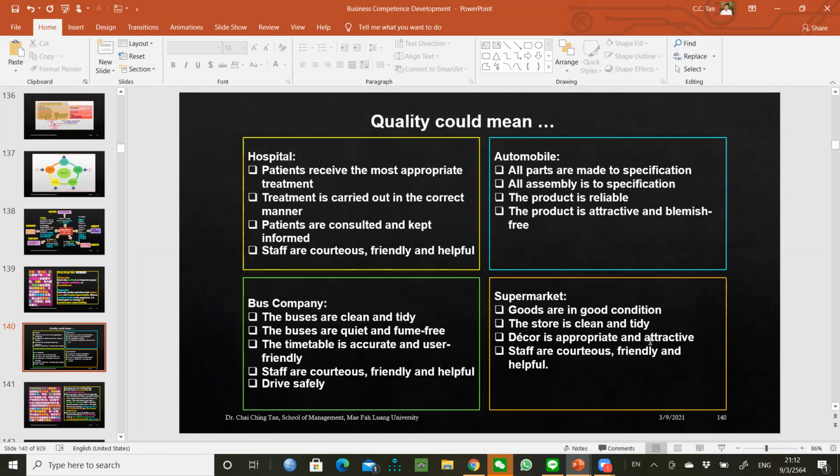If I ask you to do a project in a hotel or in hospitals, you have to look into all kinds of details on what exactly you want to do. Okay, so to give you a couple of examples, like patients receive the most appropriate treatment, and that is one part of the operation, treatment. And treatment is carried out in the correct manner. Patients, the consultants, the care, informed staff, courteous, friendly, and helpful.